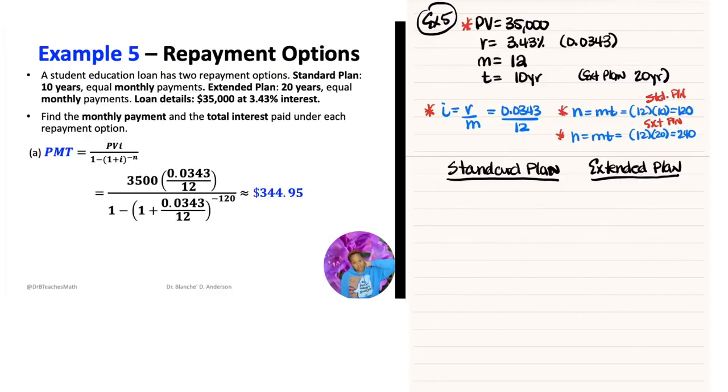So if you look for the standard plan, you would take the 35,000. I keyed that wrong. You see that? It says 3,500. That should be 35,000. So I do need to correct that.